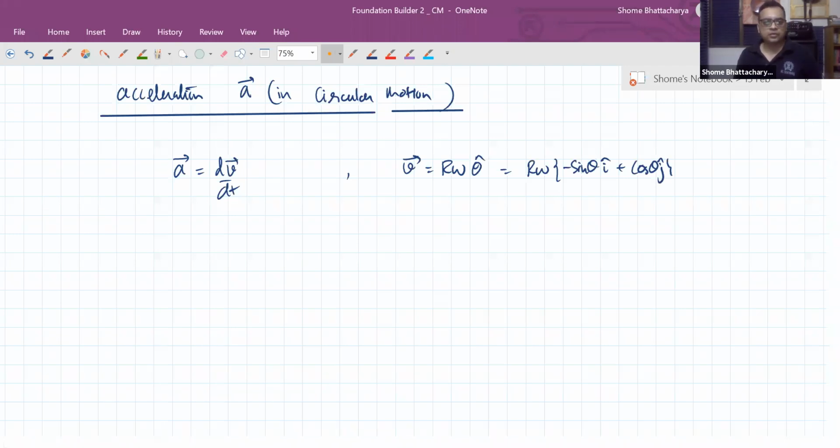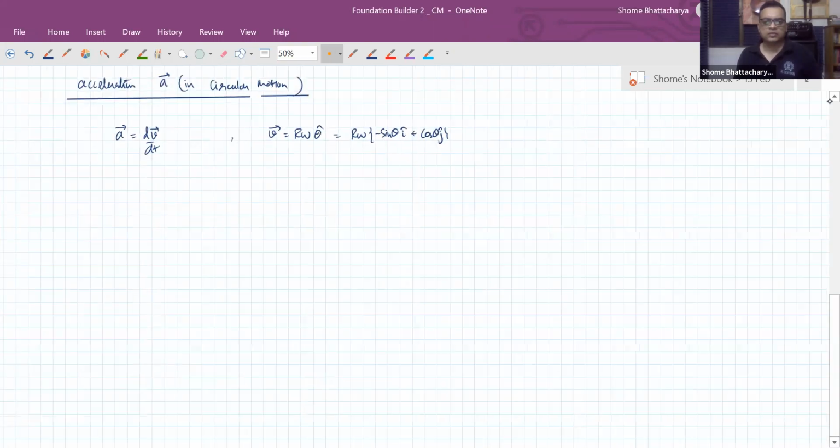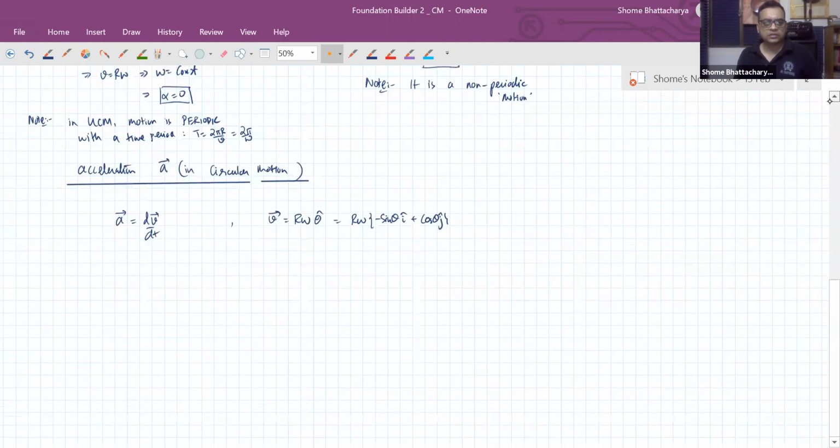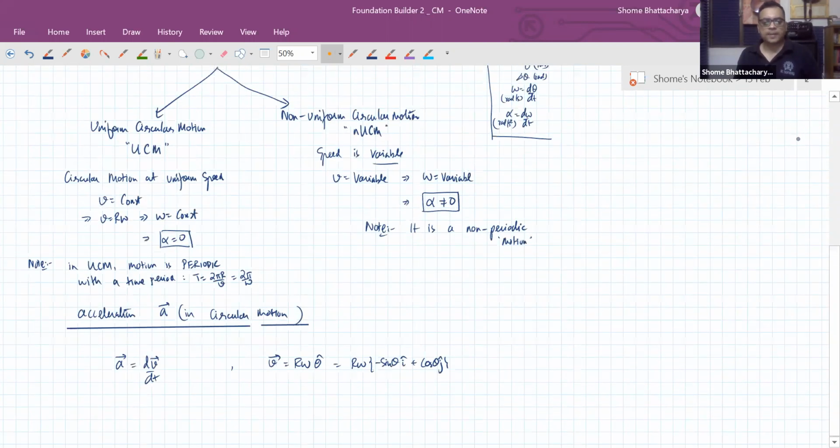This is how the velocity was defined. So you've not finished writing that down? Then why are you asking? Finish this fast, please, Harsh. Finish writing this down fast, please, all of you.